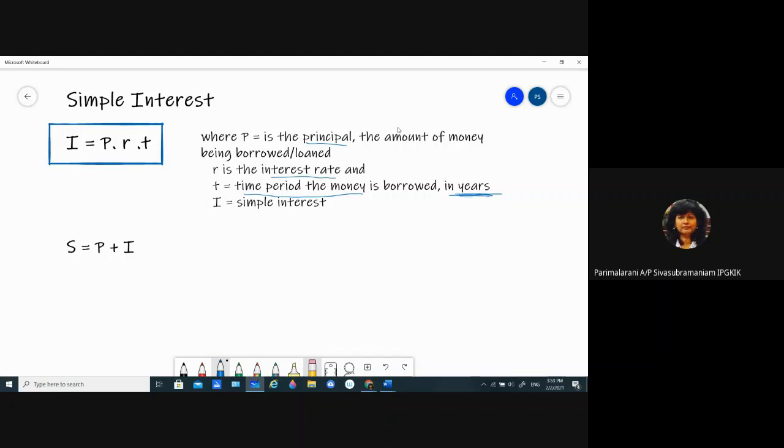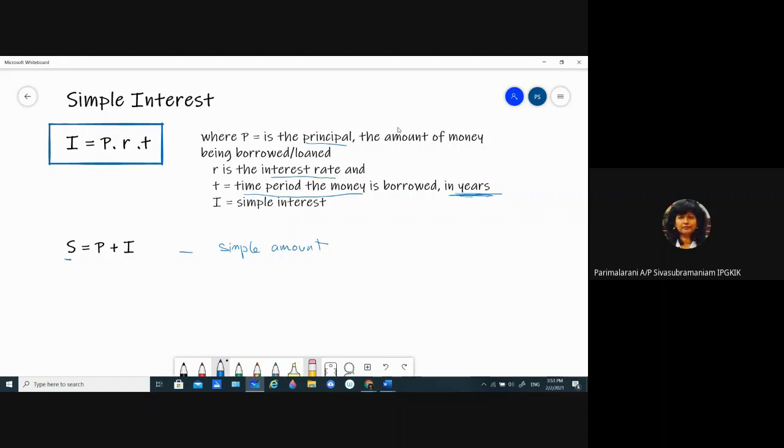So this S here represents the simple total. It's actually the amount, okay? The simple amount S. So S is P plus I. S is the principal plus the interest, that is the simple amount.